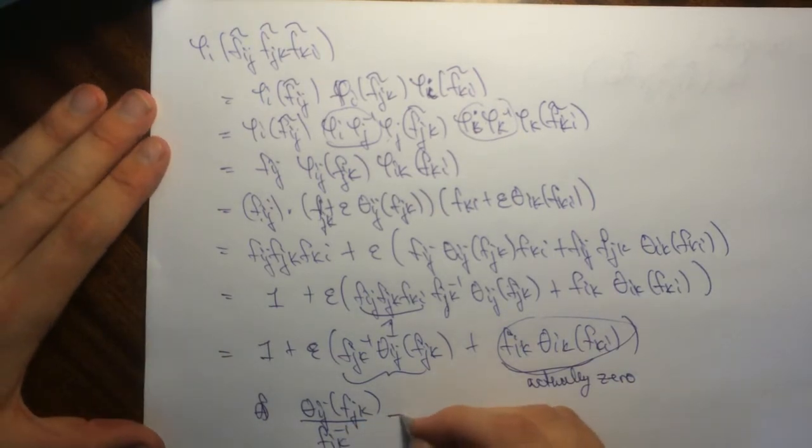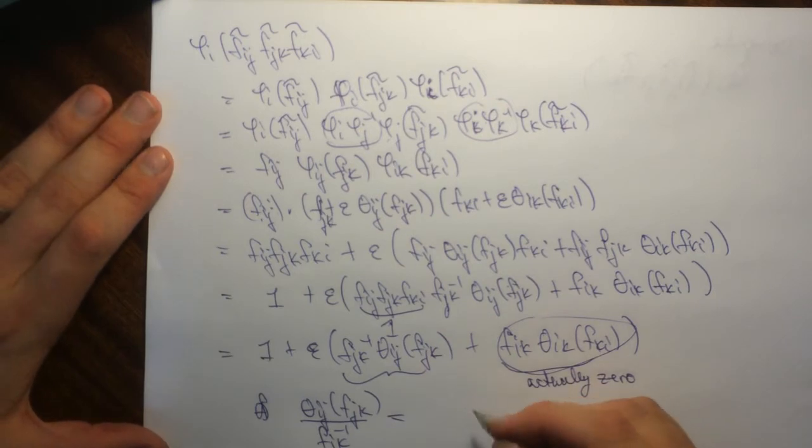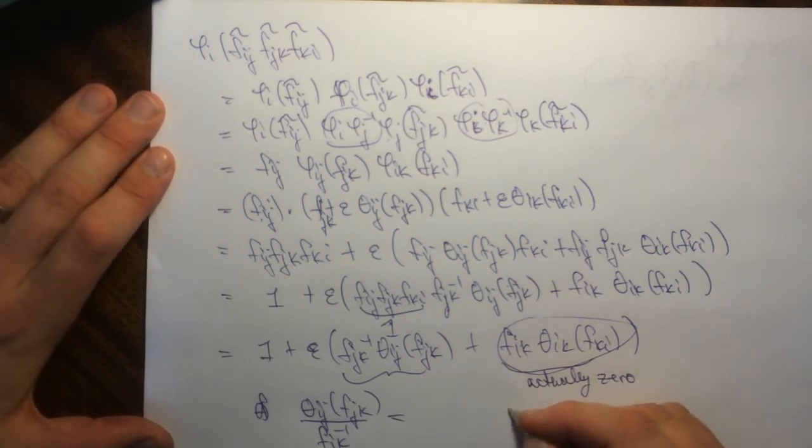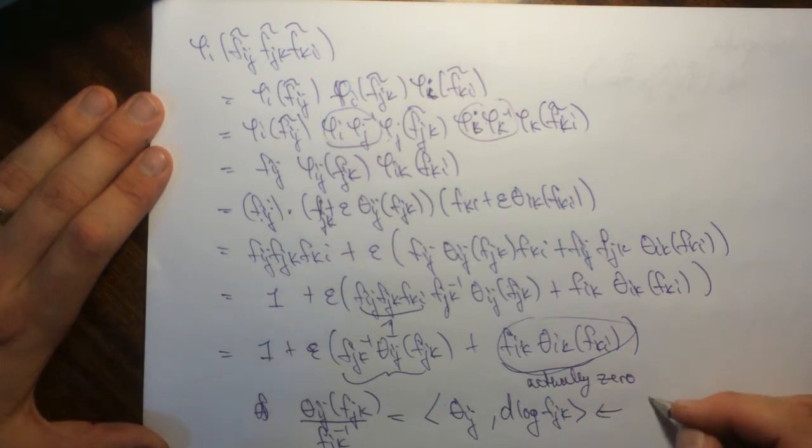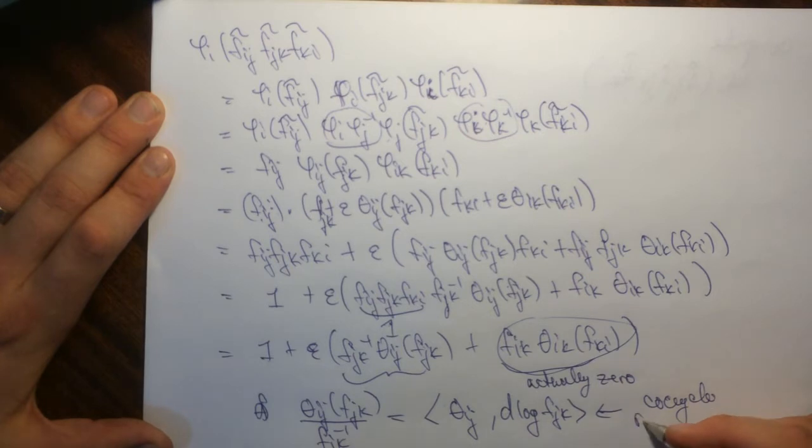And this is equal to d log fjk. Here we have some type of inner product with theta ij. So there's going to be d's involved, and when you pair d's with derivations, this is the duality. And so this is a cocycle representing the cup product that we wanted.